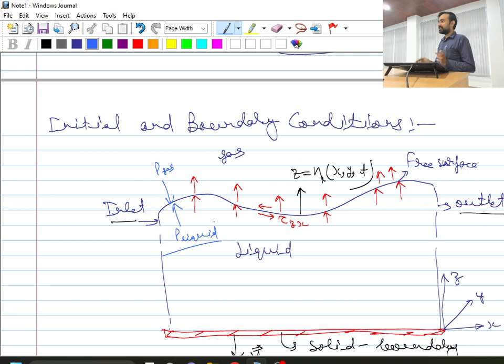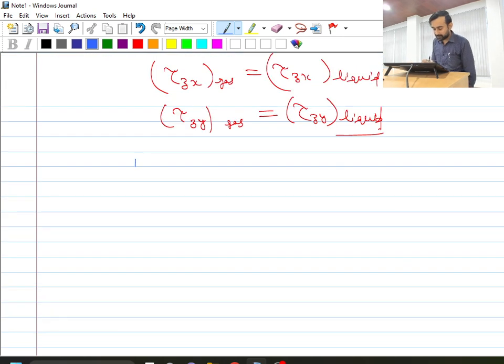So for this 2D surface, if I take x and y as two principal directions, and Rx is the radius of curvature in the x direction and Ry is the radius of curvature in the y direction for this free surface, then I can write my gas pressure is equal to liquid pressure minus the coefficient of surface tension times curvature. And that curvature will be equal to what? 1 by Rx plus 1 by Ry.